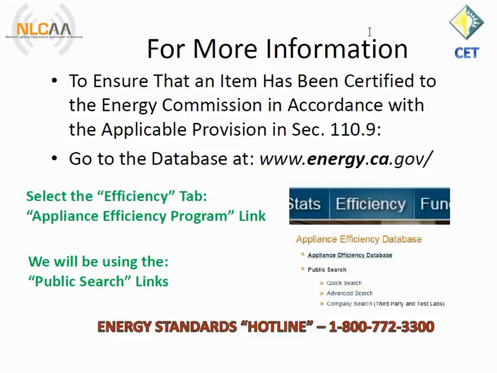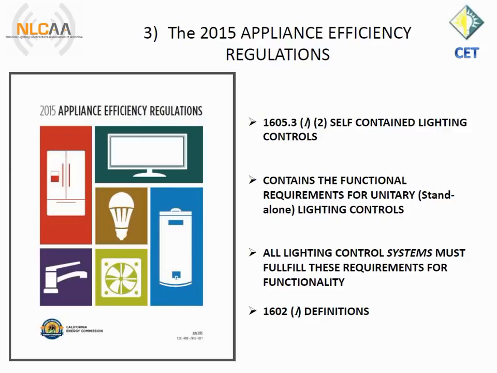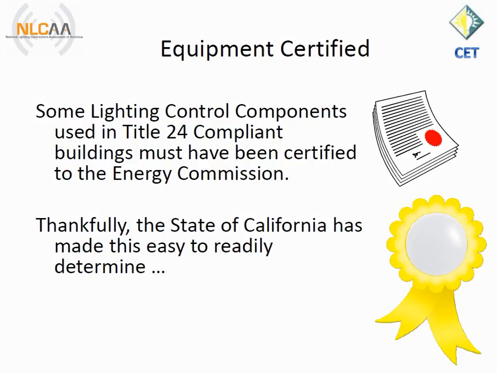We now can simply select the Efficiency tab on the home page, and that will get us all of our documents for download, including Title 20, and here's the new cover. And we can use their website to determine if standalone lighting controls have been, quote, certified to the Energy Commission. This means that at a minimum they're going to meet Title 20 requirements.